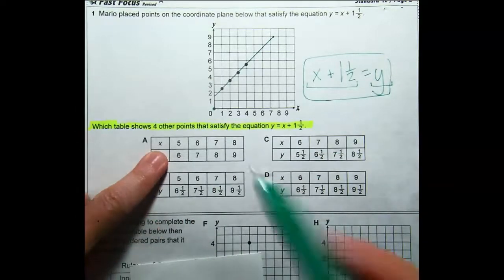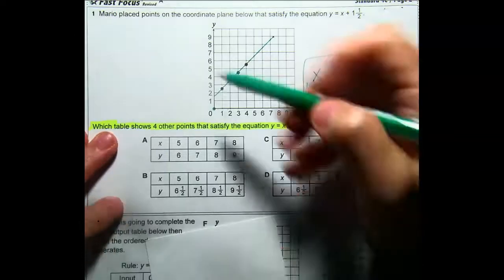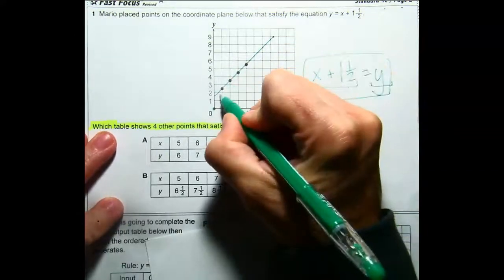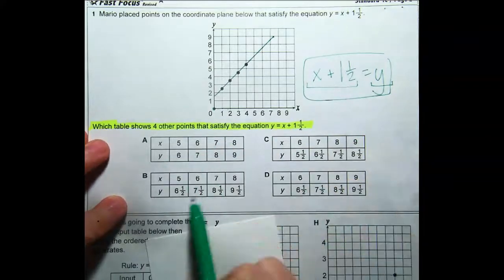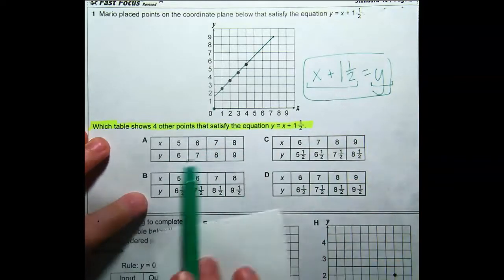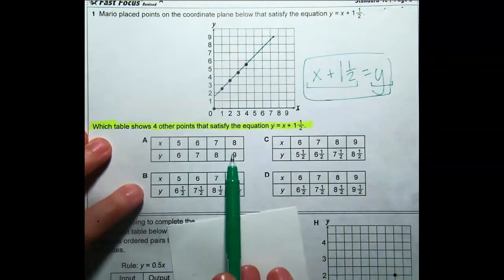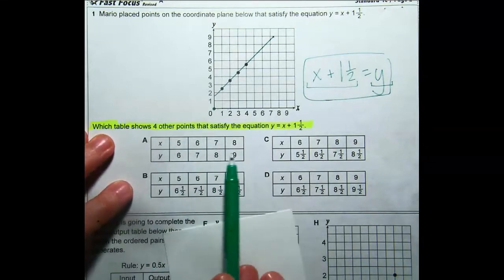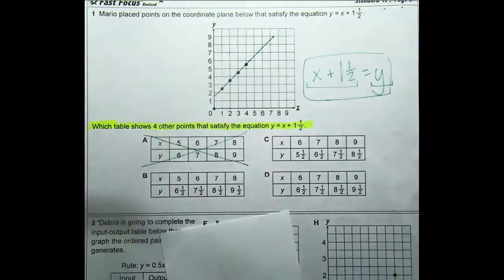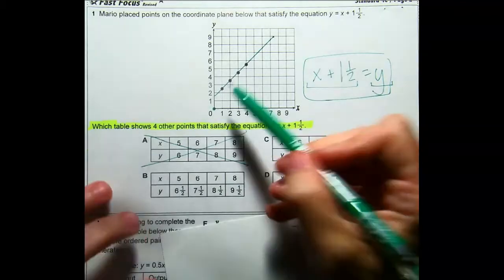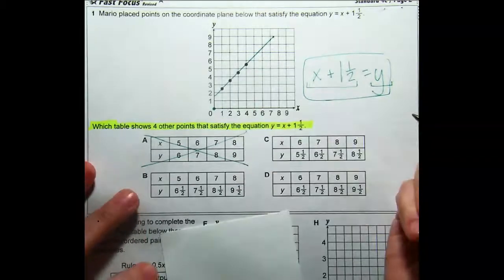So even if we look at these tables and see what's going on with our x's and y's, you'll notice that this particular chart shows that all of our y's are whole numbers. If this looks really overwhelming, you could already cross that off as an answer choice, because there are no half values and all of these y values have half.